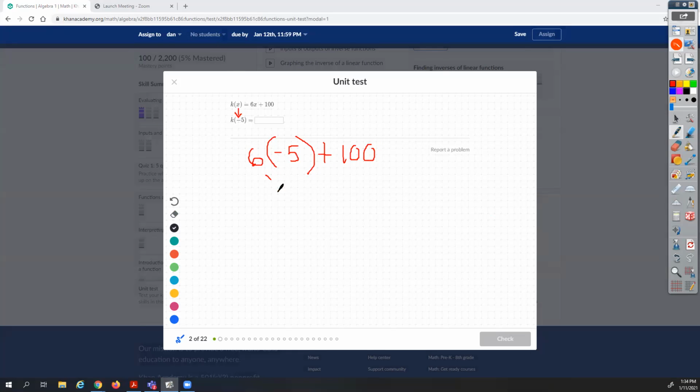We'll multiply 6 times -5 gives me -30 plus 100. We combine both of these values and we have a value of 70 at the end. So the answer for number 2, when x is -5, k of -5 is actually going to be 70.